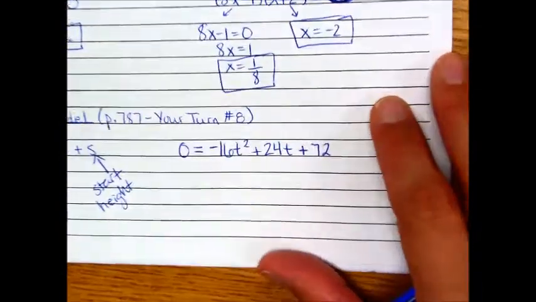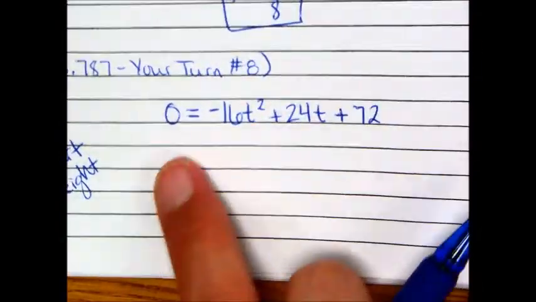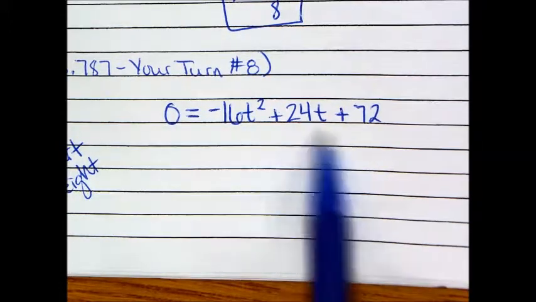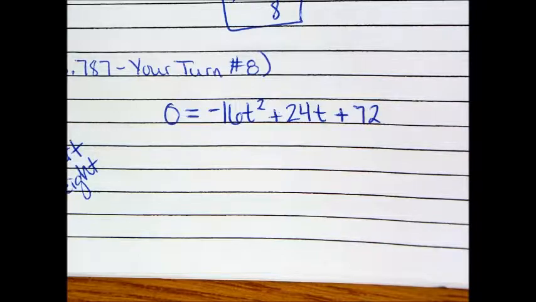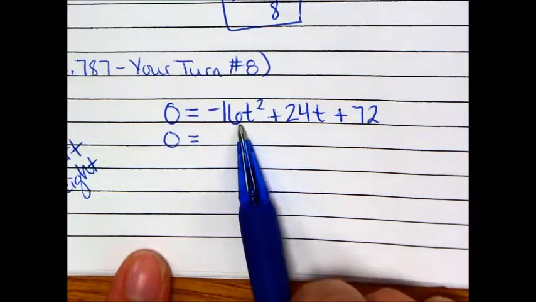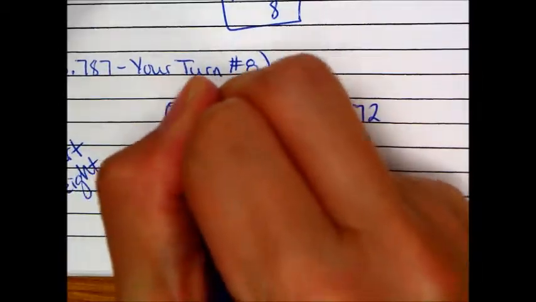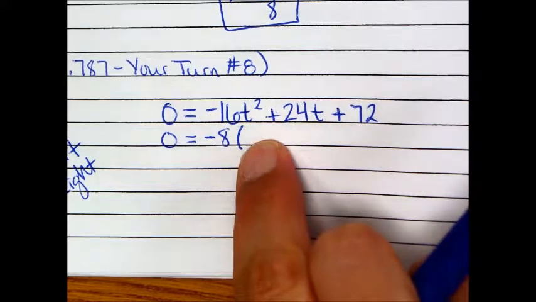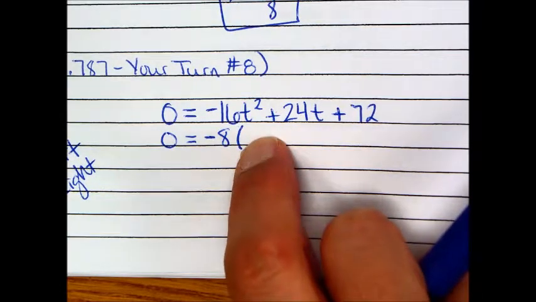Okay? So now we're going to use what we've learned today to solve it. It already equals 0. Do negative 16, 24, and 72 share any common factors? Yes, they can all be divided by 8. And we're going to take care of this negative sign while we're at it. So we're not only going to factor out an 8, we're going to factor out a negative 8 so that there's not a leading negative sign in my polynomial.